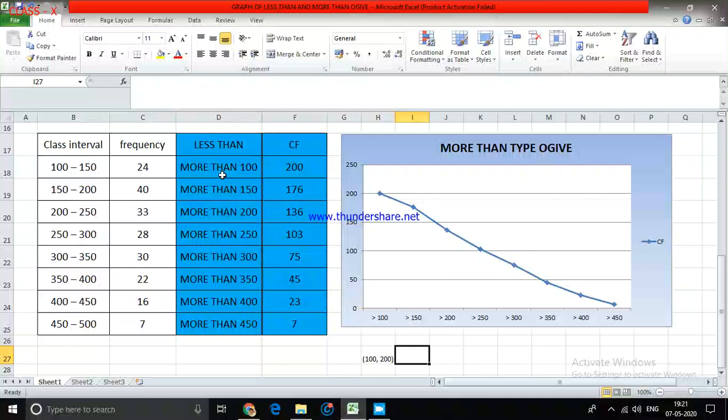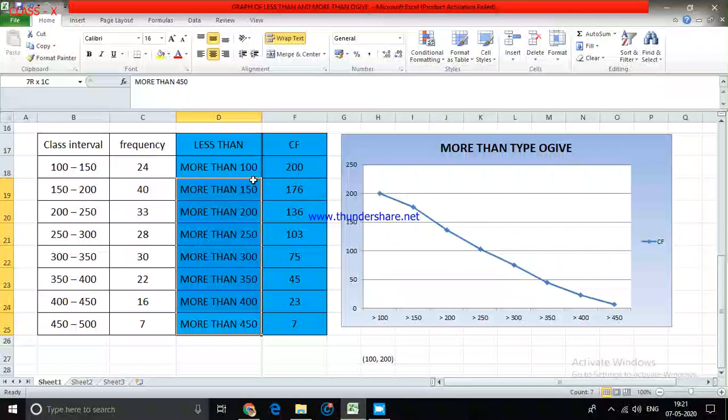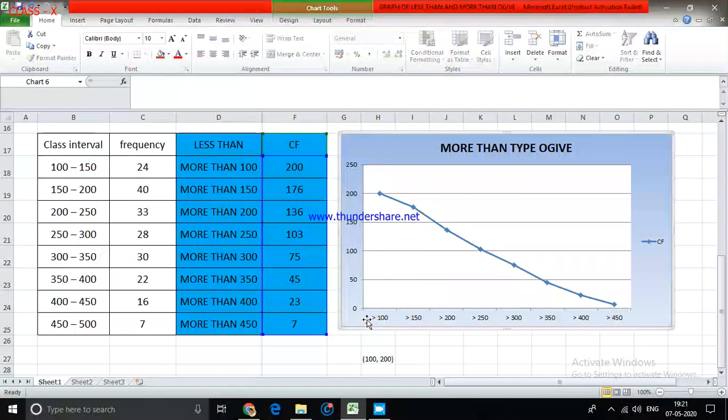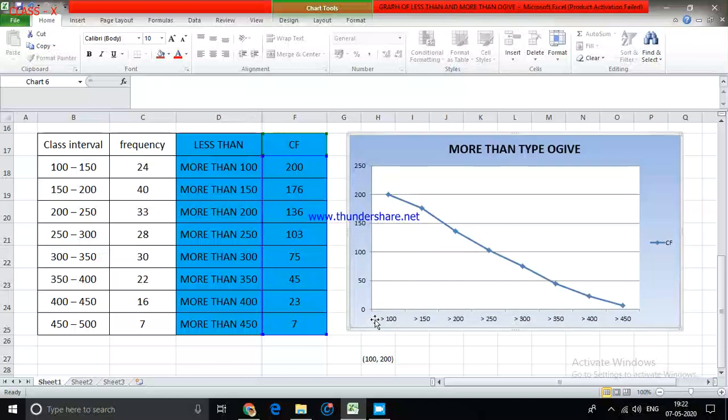Always remember, in less than or more than type questions, these values will become x-axis values. You see 100, 150, 200, 250, 300, 350, 400, and then 500.